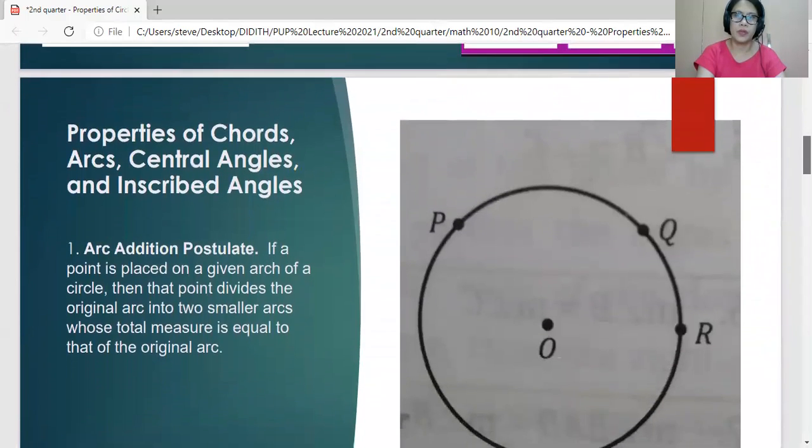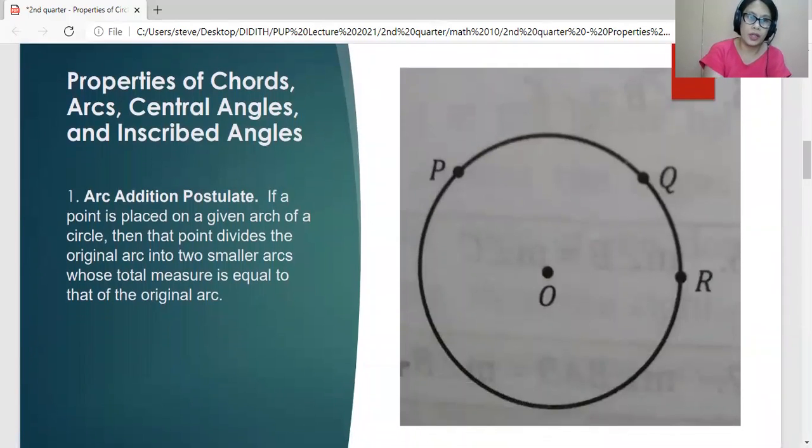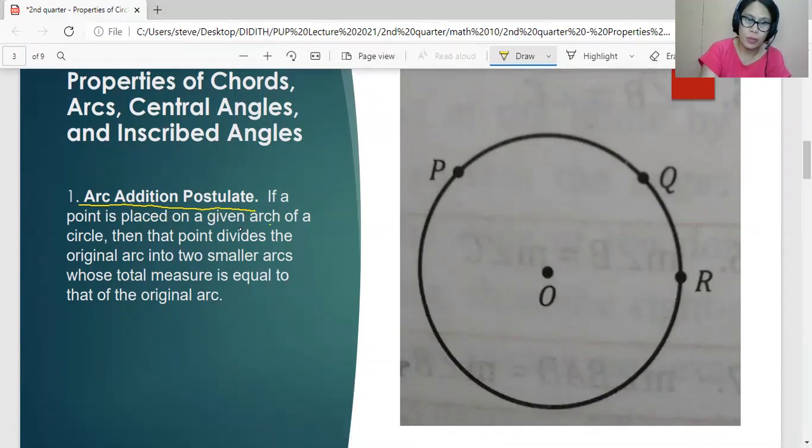So let's proceed with the first property, and it's about the arc addition postulate. This is similar to the segment addition postulate, but of course we're talking about arcs here. If a point is placed on a given arc of a circle, then that point divides the original arc into two smaller arcs whose total measure is equal to the measure of the original arc.